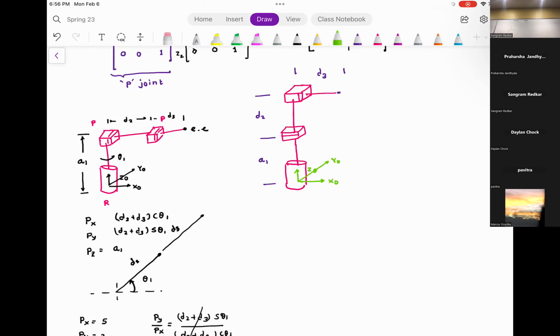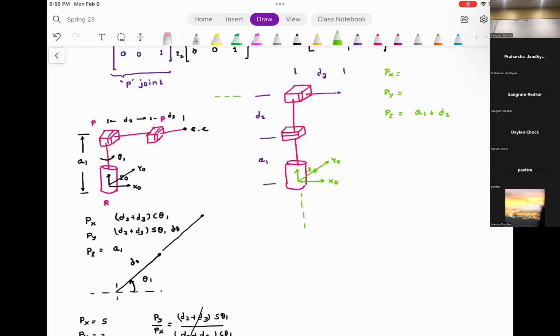Do you agree with me that the Z direction, so Px, Py, Pz. You agree with me? Pz, no matter what you do, will be A1 plus D2. Now, what happens to Y and X? If we look at X and Y, you look from top.